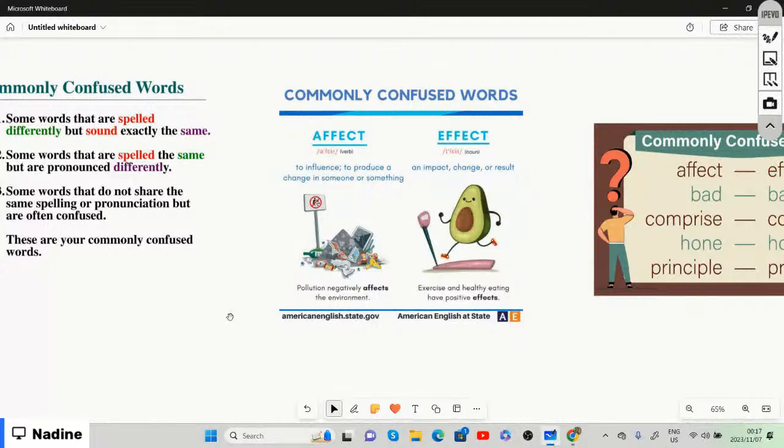For example, exercise and healthy eating have positive effects. And what are the effects? You are healthier, you're living a more balanced life, right? So those are the effects that exercise and healthy eating have.